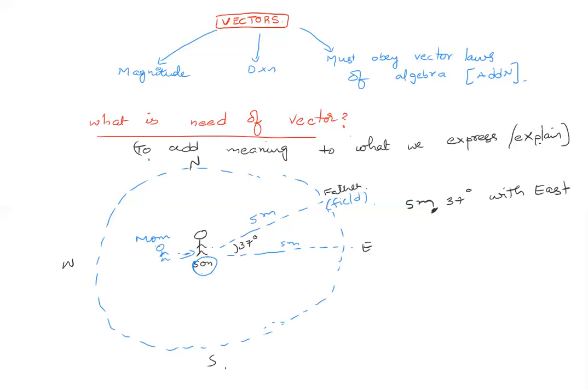If you mention magnitude and direction, definitely it is adding meaning here. You can also write this as 5 meters 53 degrees east of north.